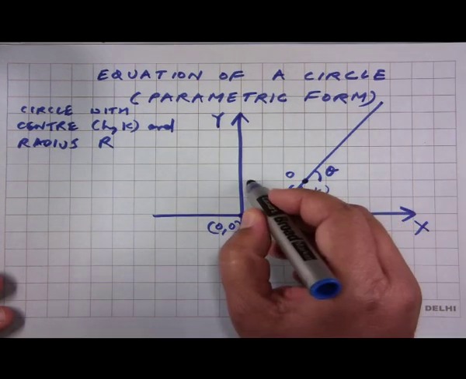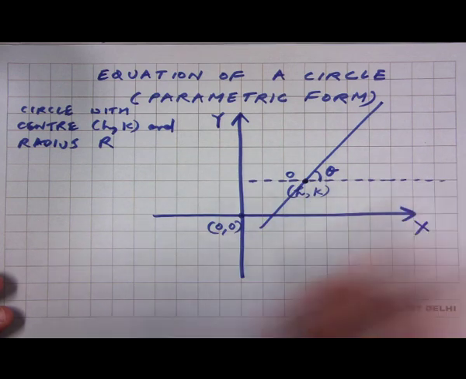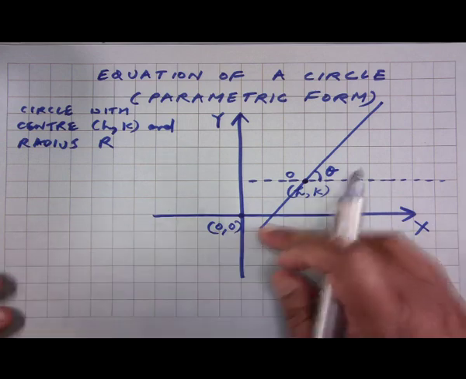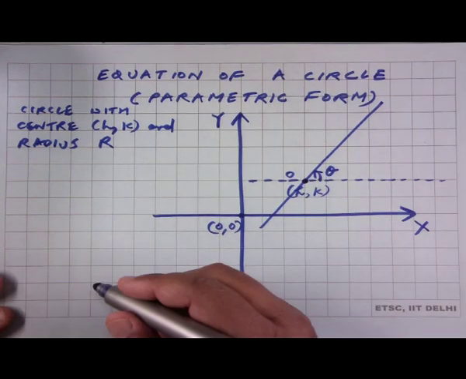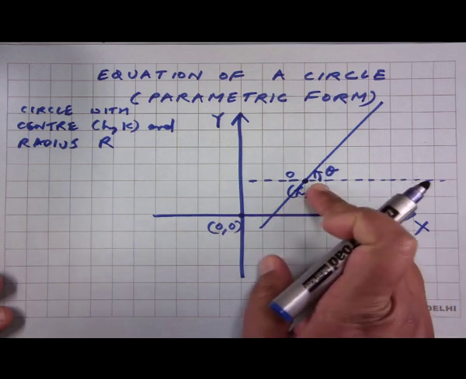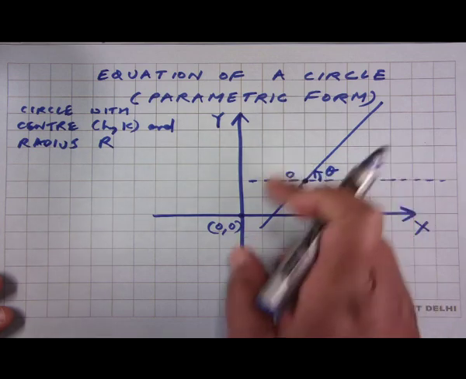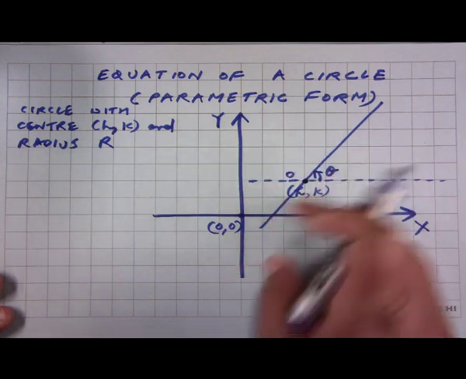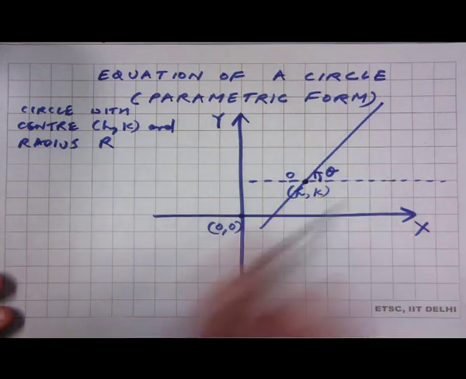So, I draw a dotted line here parallel to the x axis, and this straight line makes an angle of theta. Always measure theta in the anti-clockwise direction. So, if I go like this, I have positive theta. If I go like this, I have negative theta.